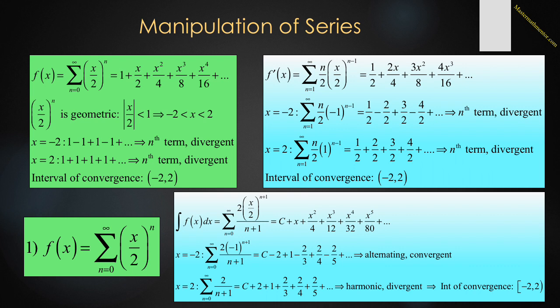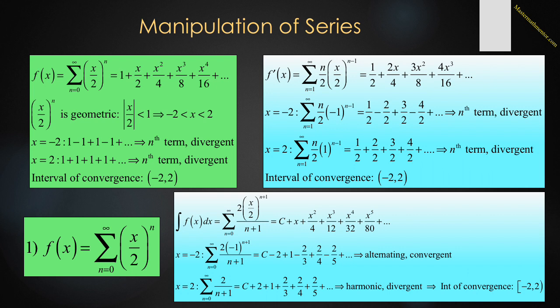When x is equal to negative 2, our summation will be 2 times negative 1 raised to the n plus 1 over n plus 1, which will be c minus 2 plus 1 minus 2/3 plus 2/4 minus 2/5. And this will be an alternating series with the terms getting smaller, so it is convergent.